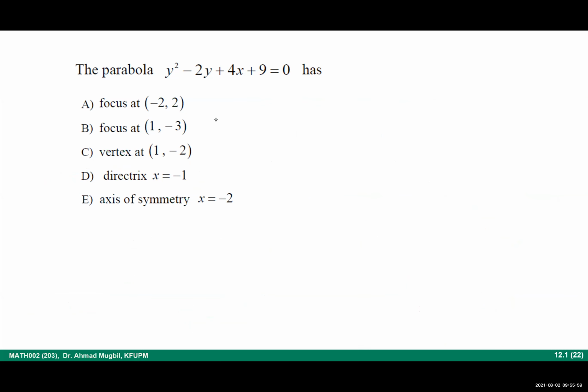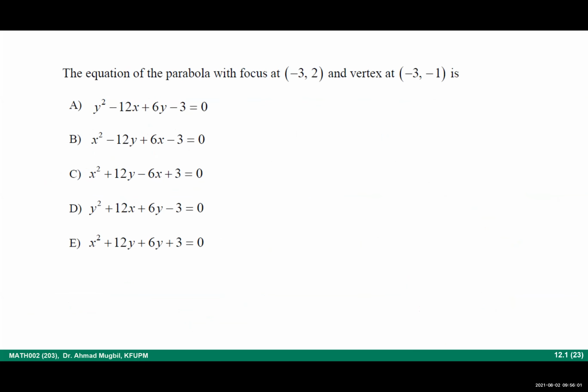Please, guys. Yalla, please try to solve this, the last one. The equation of the parabola with focus -3 and 2, with vertex -3 and -1. Horizontal or vertical, guys? Is this parabola vertical or horizontal? Vertical.